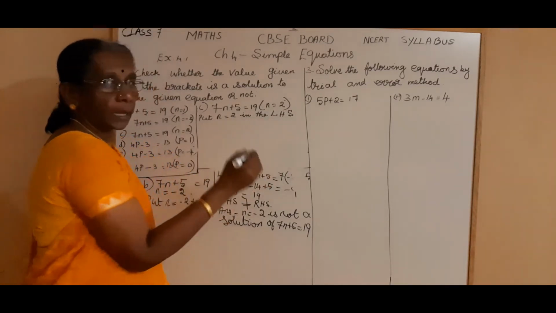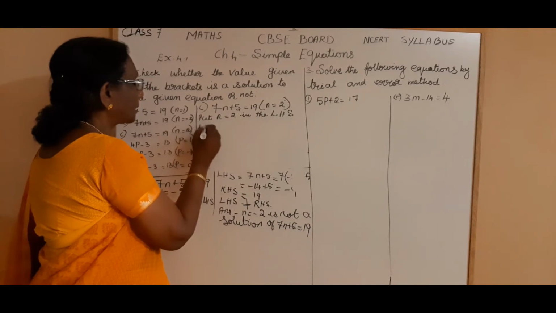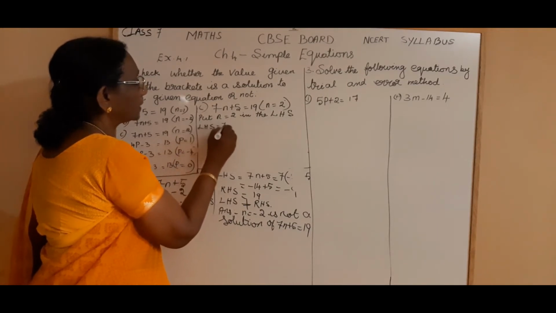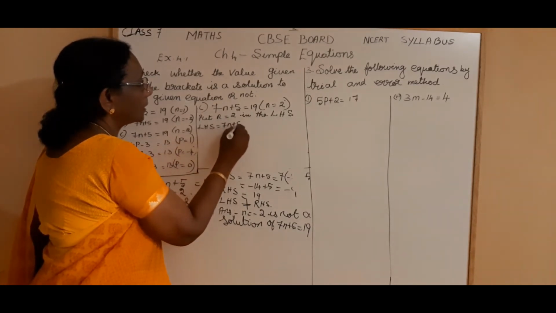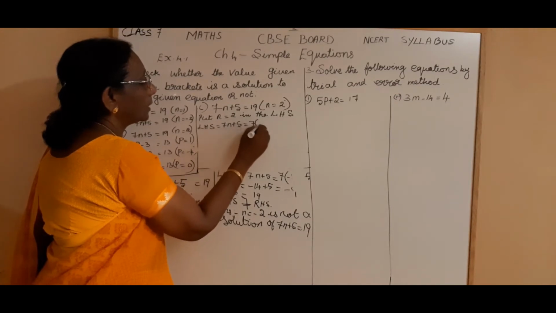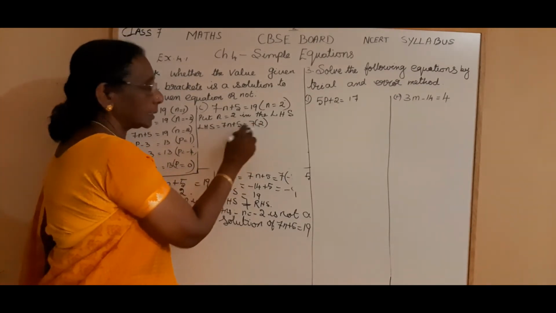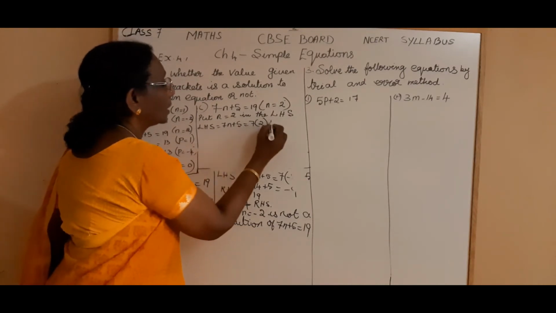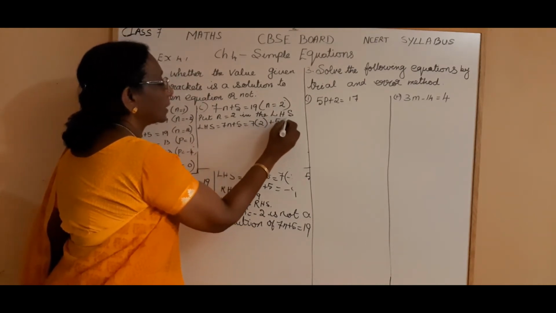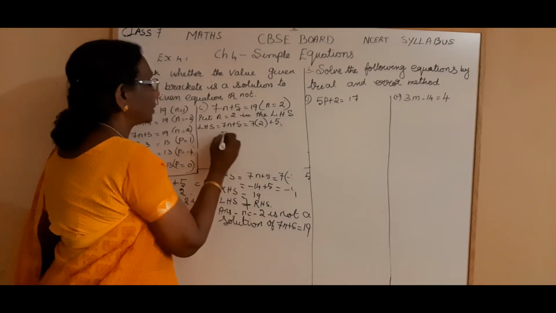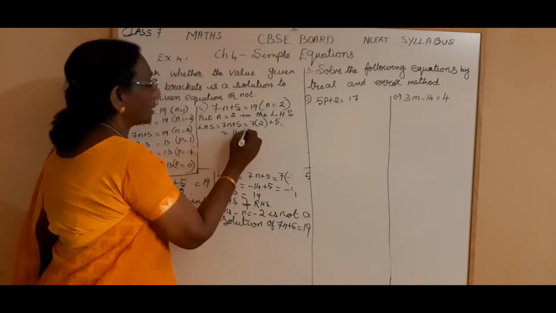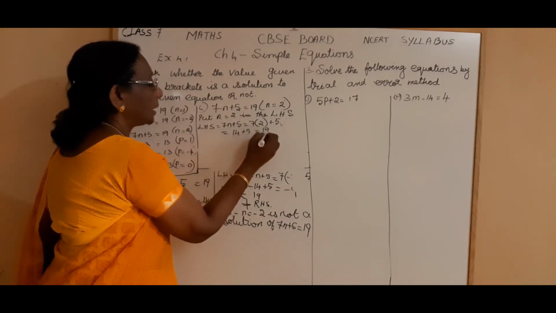So what do you get? LHS will be what? 7n plus 5, that is equal to 7 into 2. I have told already, into 2 you can write it inside the bracket. Plus 5, that is equal to what? What do you get? 14 plus 5 is equal to 19.